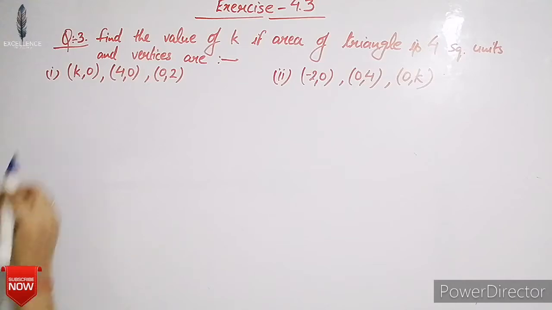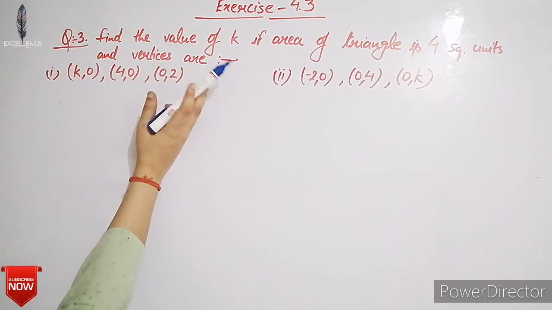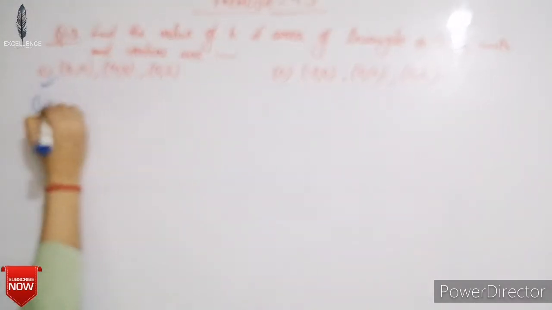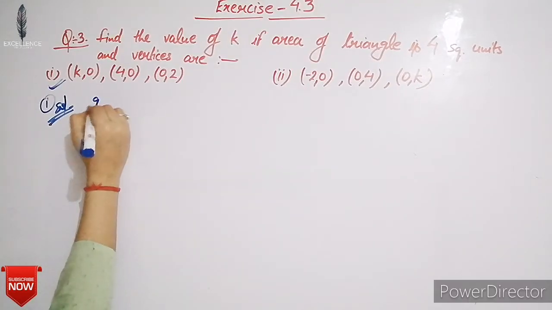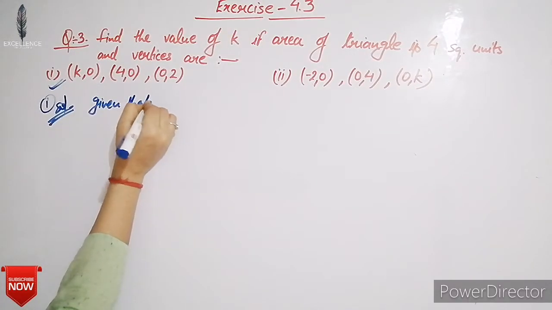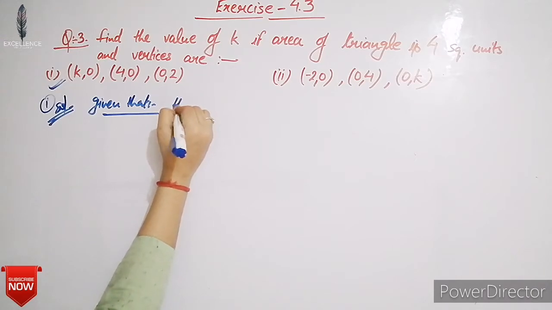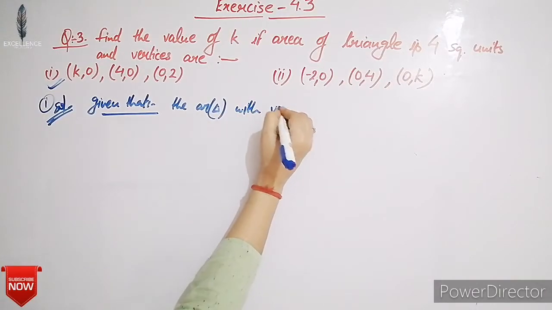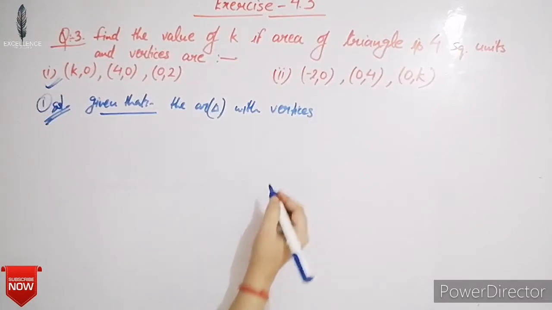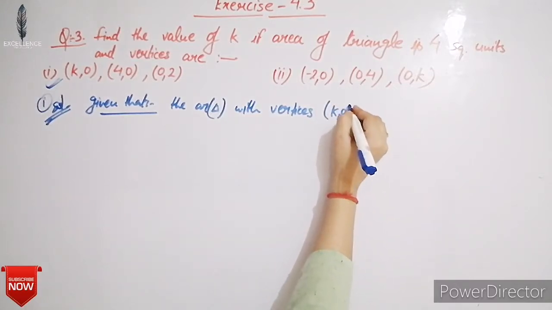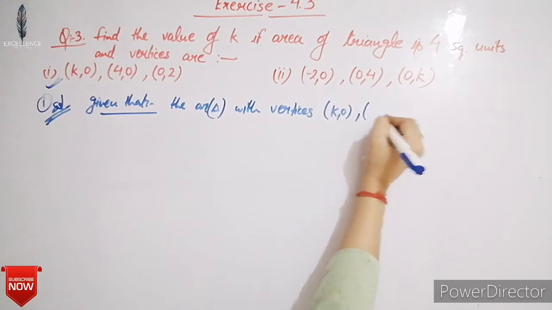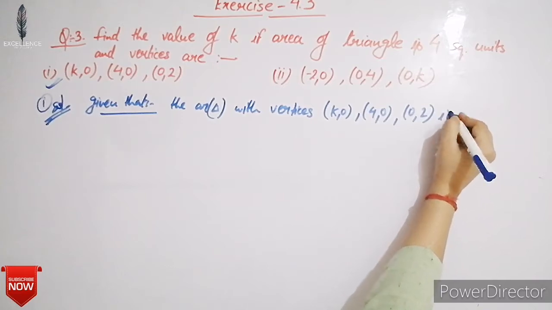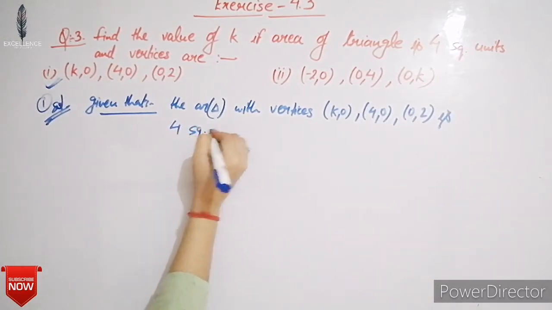Question number 3. Here we have to find the value of k if the area of the triangle is 4 square units and given vertices are, in first part, given that the area of the triangle with vertices (k, 0), (4, 0) and (0, 2) is 4 square units.